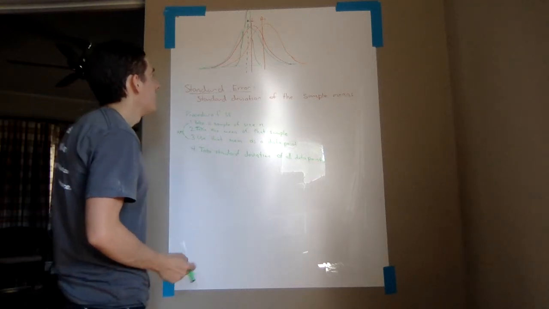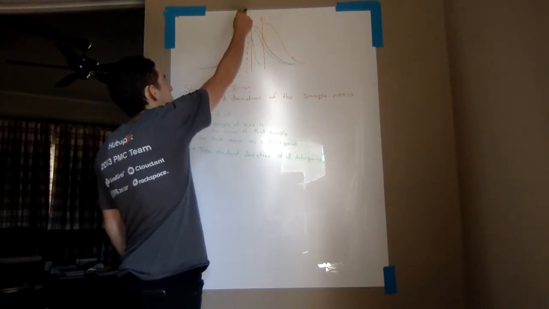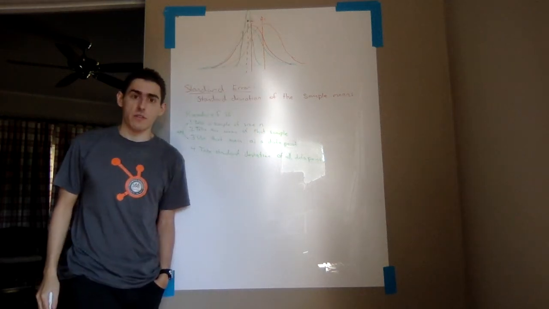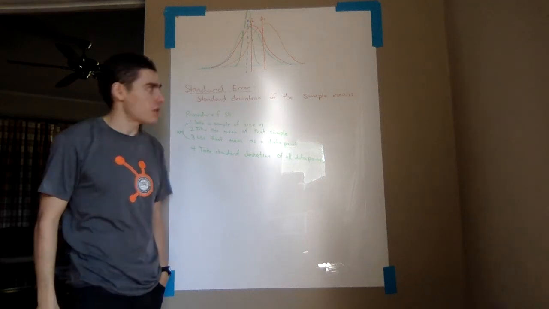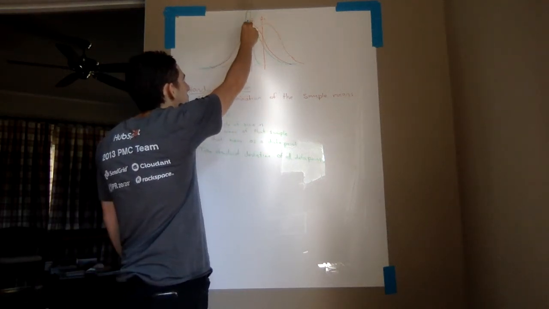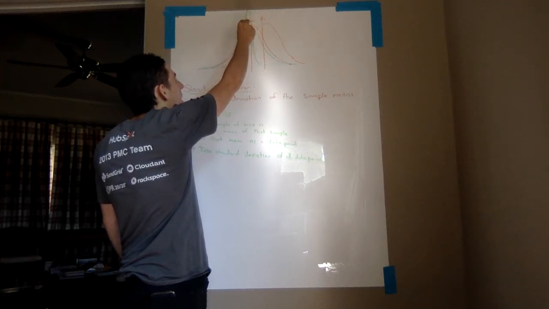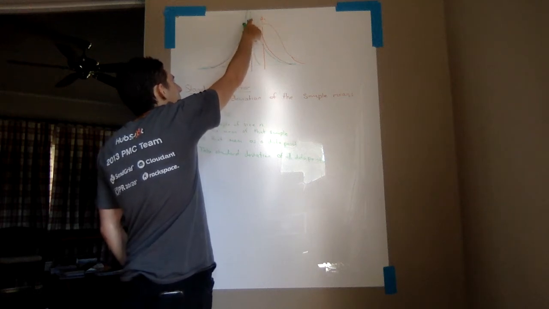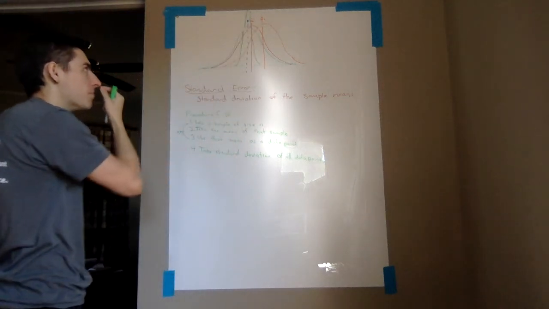So again, most of the sample means are right here near the mean of the population. But let's say one standard deviation of them fall at around here.